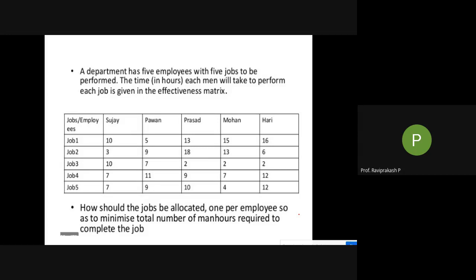Yeah, students, if you complete, just let me know. Yes, students, you are able to do it or no?